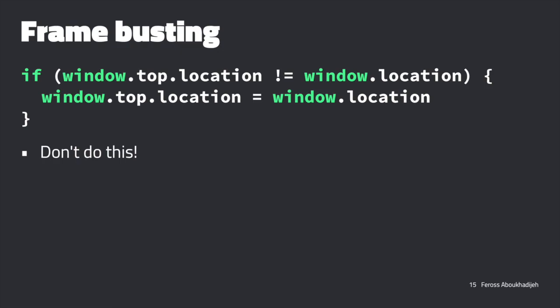It would look at that and say, is that location different than the location of my page, my frame? If it was different, it would know immediately, okay, I'm in a frame. And then it would try to redirect the whole browser to itself. So it would bust out of the frame, even if it's a little box nested really deeply, and set the whole browser to itself. That's the idea. But there were a ton of ways to work around this.